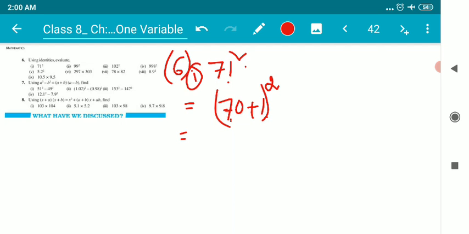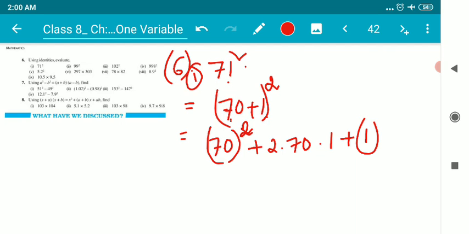Children, as we can see, 70 plus 1 can behave like a plus b whole square. So the formula of a plus b whole square is a square means 70 square, plus 2ab, a means 70, b means 1, plus b square. So 70 square means 7 7s are 49, 4900, plus 2 into 70 is 140 into 1, 140 only, plus 1 square means 1.